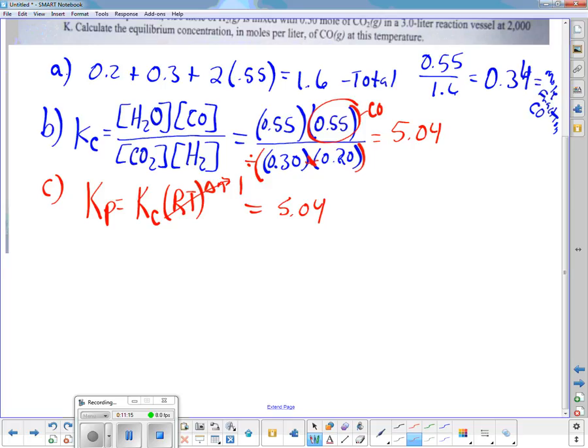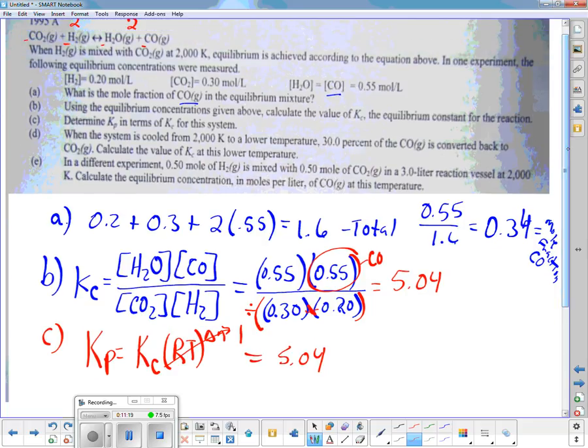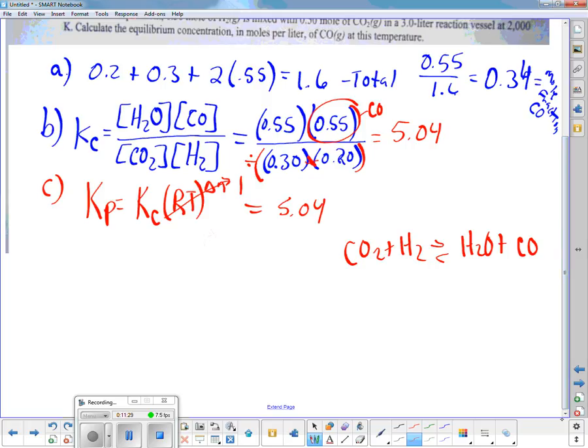Let's look and see what we've got. I've got to bring this reaction down. CO2 plus H2 goes to H2O plus CO. Okay, and we do ICE.